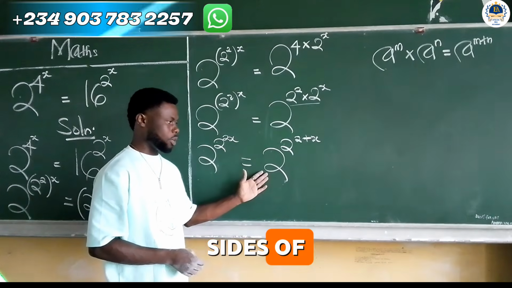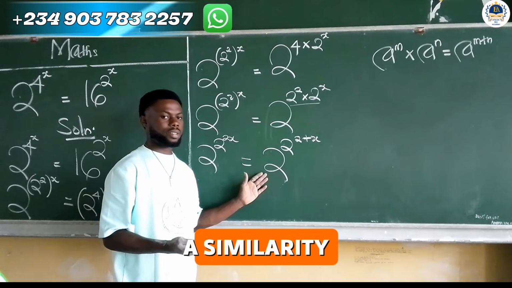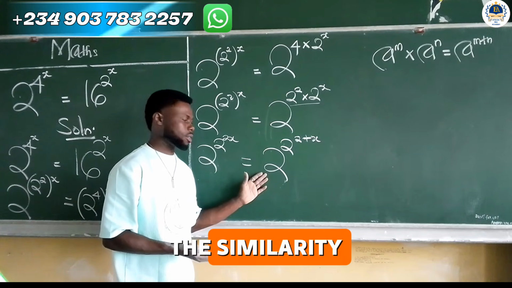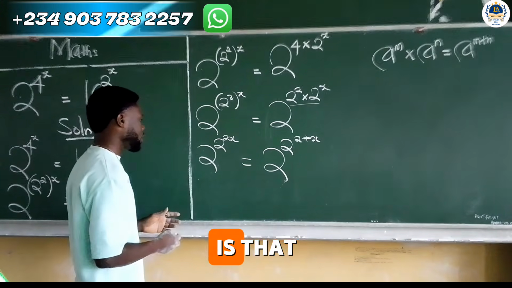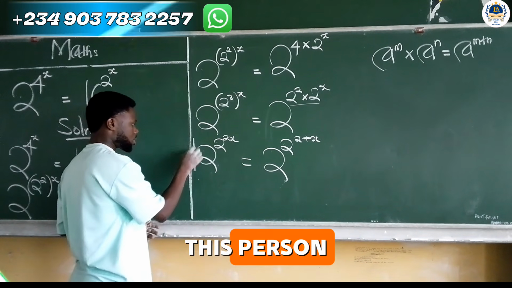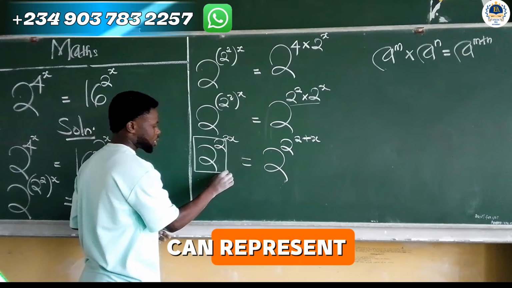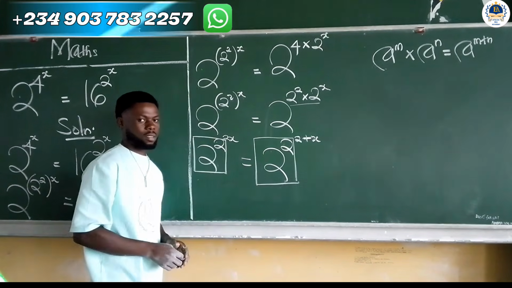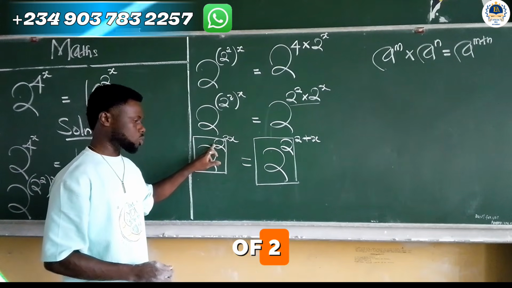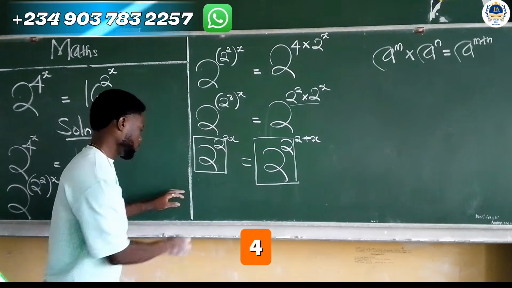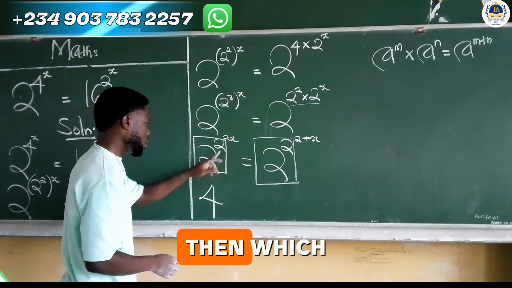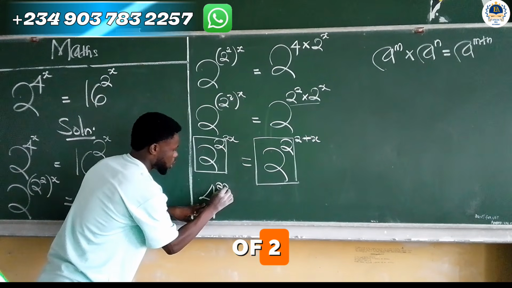On the two sides of the equation, there is a similarity. What is the similarity? The similarity is that this can represent 2 raised to the power of 2, which gives 4, which is raised to the power of 2x.